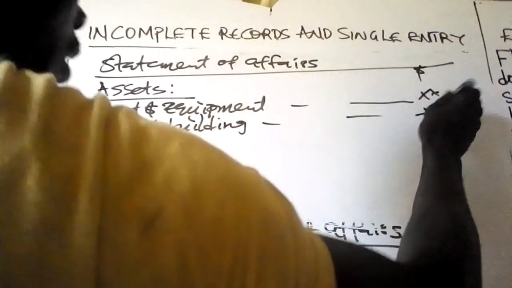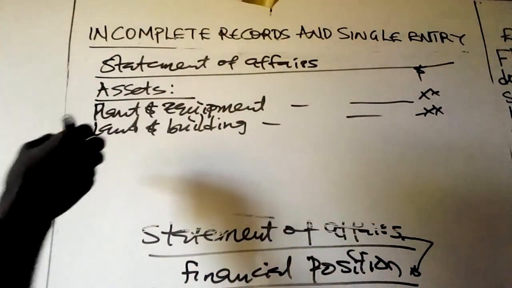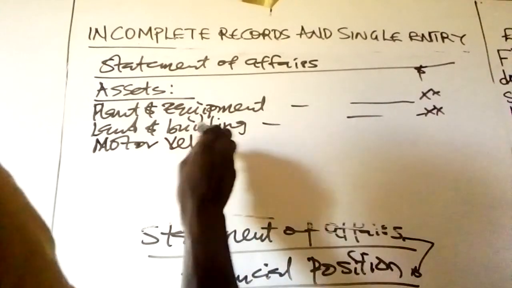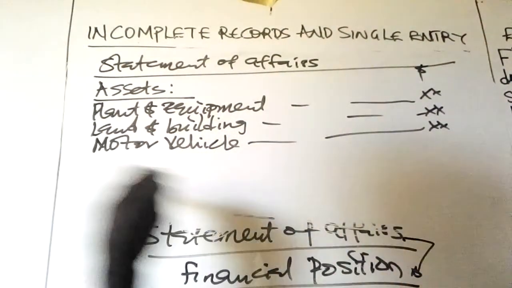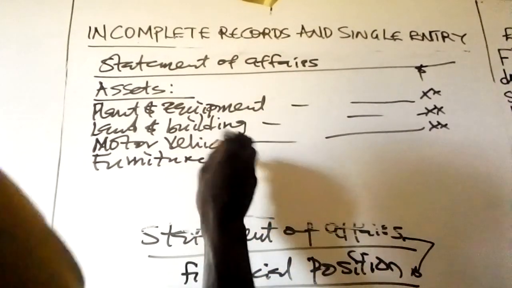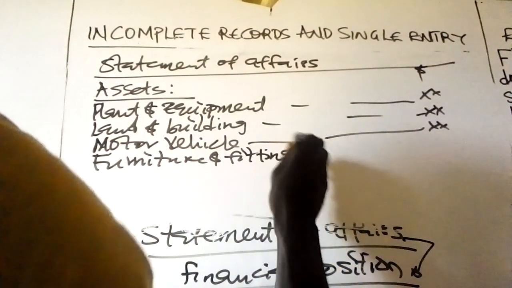Land and building, you have the motor vehicles, you have furniture and fittings. These are non-current assets.